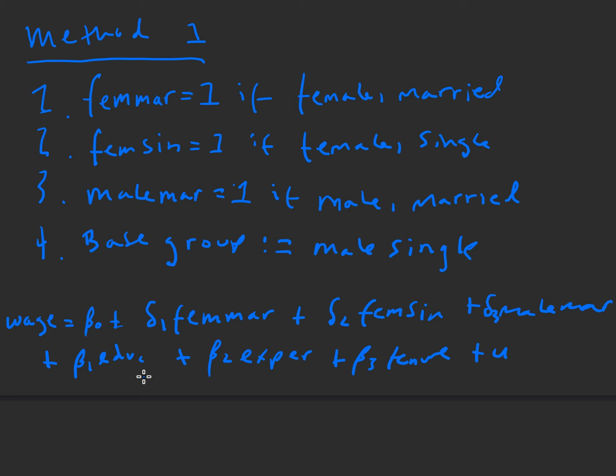We can implement the same regression and get the same results using method 2, which is to use an interaction term.